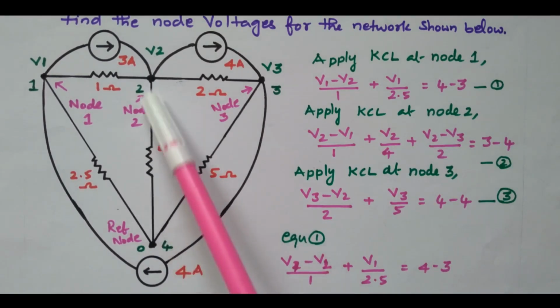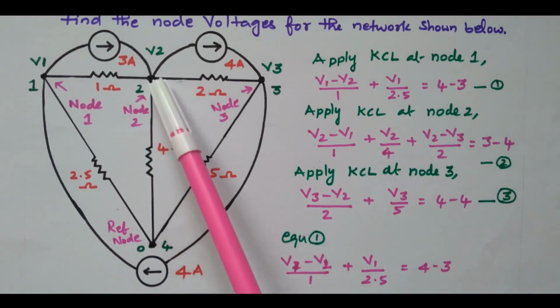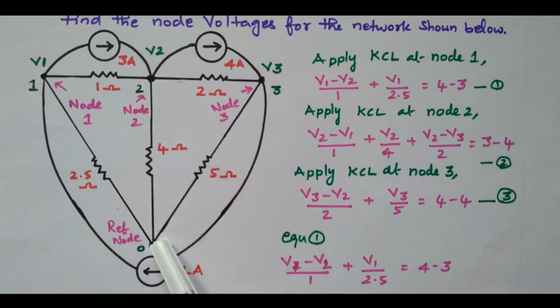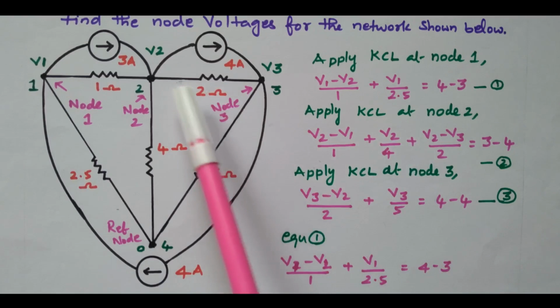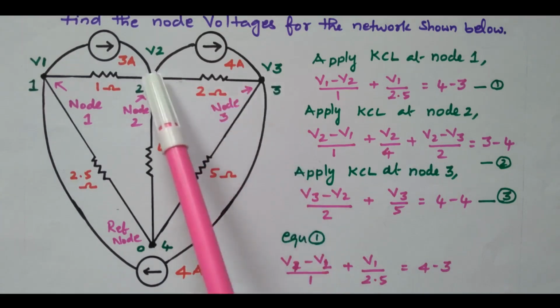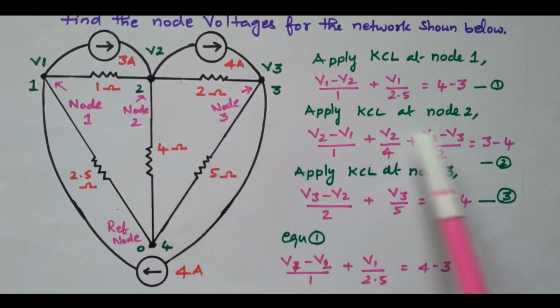Then this 4 ohm resistor is connected between the second node and the reference node. The reference node voltage is 0, so V2 divided by 4. This 2 ohm resistor is connected between the second node and the third node, so V2 minus V3 divided by 2.